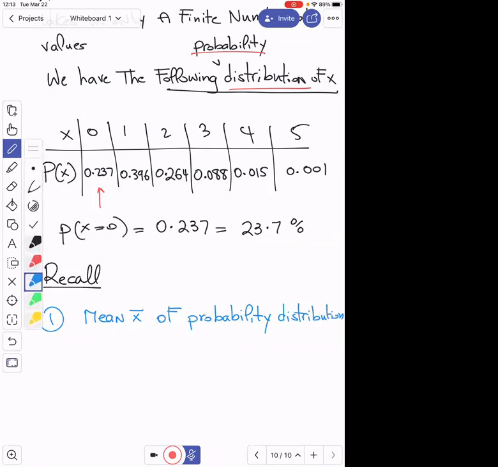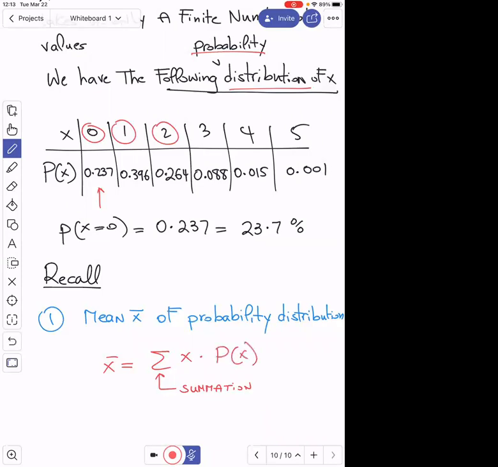So x bar is equal to the sum, this capital sigma summation symbol, of the values of x, which can be 0 or 1 or 2, etc. You multiply each x by the corresponding probability of x, and that's how we compute the mean, or the weighted average, of this probability distribution.